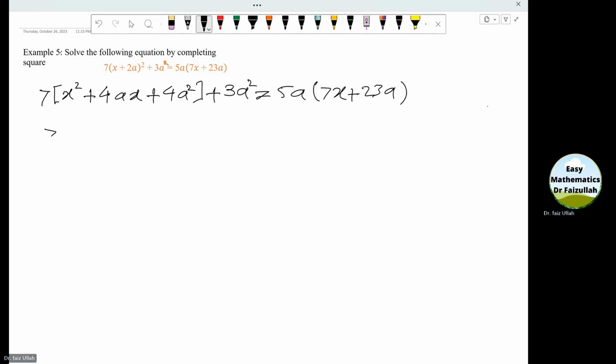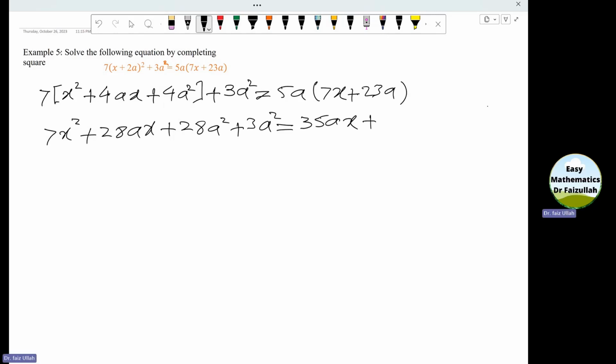So we have 7x square plus 28ax plus 28a square plus 3a square is equal to, now multiply 5a inside the bracket. So 7 5s are 35. We get 35ax plus 5 into 23 is 115a square.